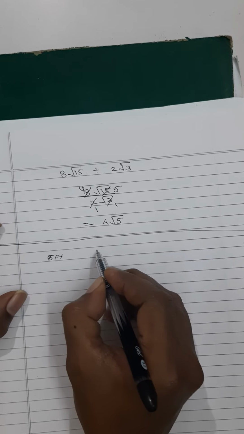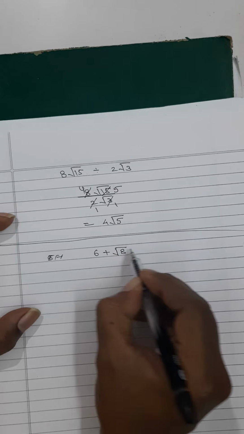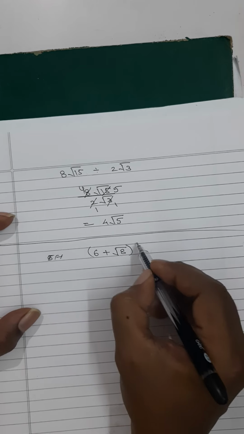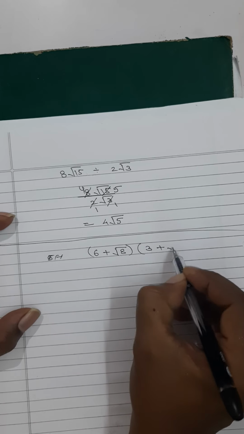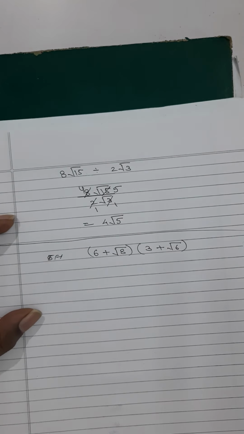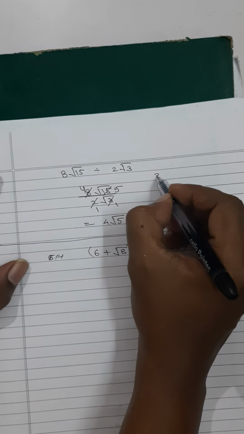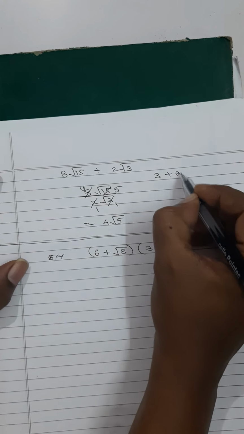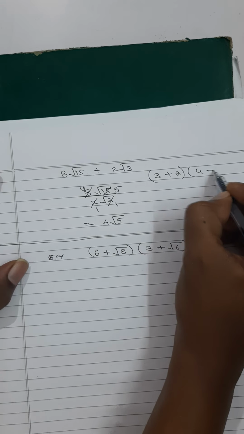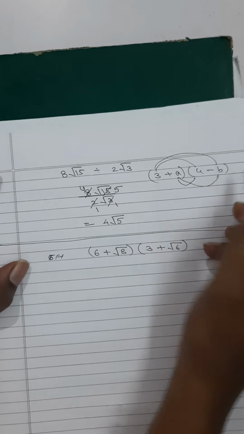See here, supposing I have got 6 plus root 8 into 3 plus root 6. Supposing I am going to multiply this. See, this we have done before also. Whenever there would have been no radical over here, you would have multiplied 3 with this and then multiplied this, right?